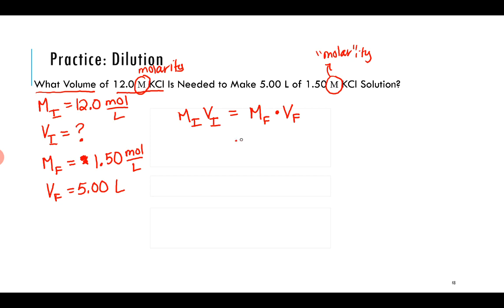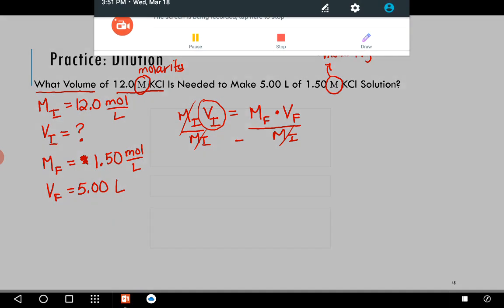I'm trying to solve for my initial volume, so I need to divide both sides by my initial molarity in order to cancel that out. But it doesn't cancel out on that side. Is there an undo button?